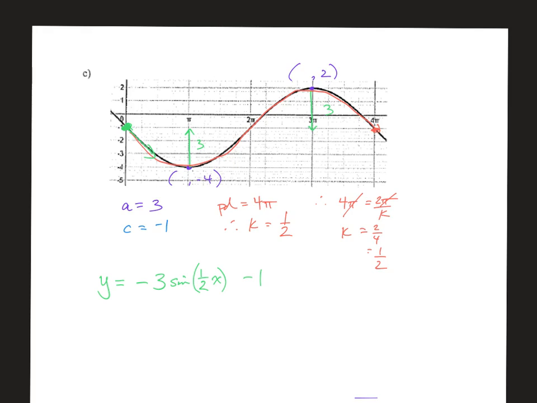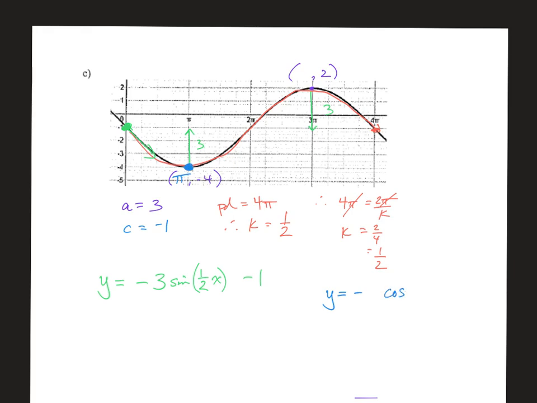Okay, now I have to build a cos graph. Well, this is one of those instances where I say, I know it's a little bit weird, but the first max or min value that I encounter is this point here that would have an x value of pi. It's a minimum value. Well, I know that I can get to that minimum value pretty quick if I reflect my cos curve.